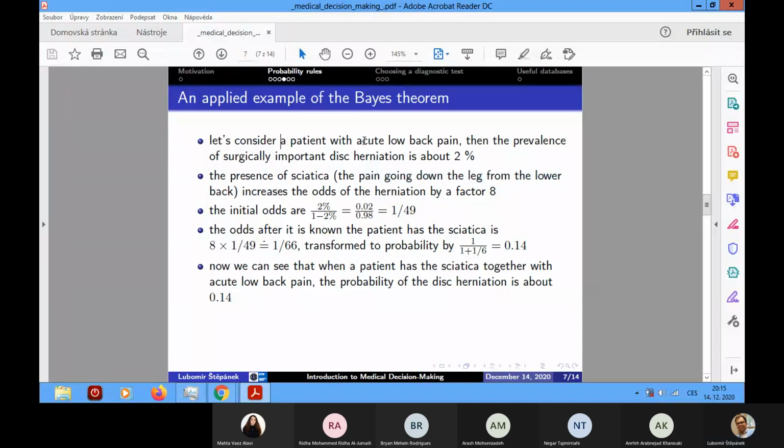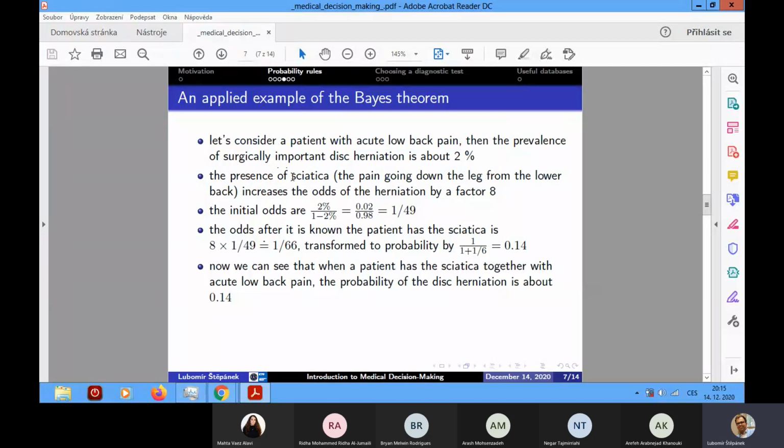He came to us with acute low back pain, and if we know only this, the prevalence of surgically important disc herniation is only about 2%. But after some physical examination or anamnesis, we also got the information that he told us he has this kind of pain.